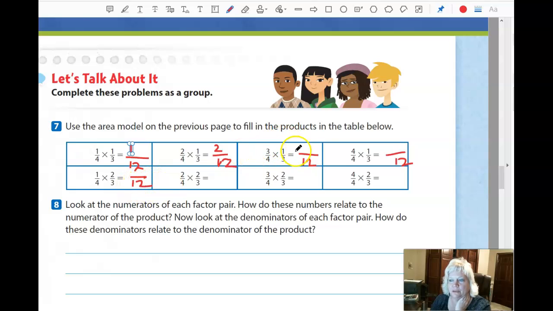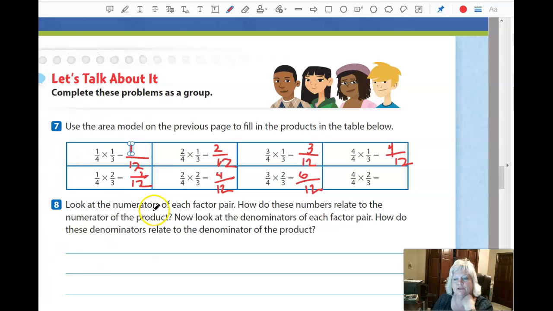And then we multiply straight across the top. 3. This one's going to have 4. This one's going to have 2. This one's going to be 4 over 12. This one's going to be 6 over 12. And I'm hoping that you're on to this and you know that this one's going to be 8 over 12, or 8/12.